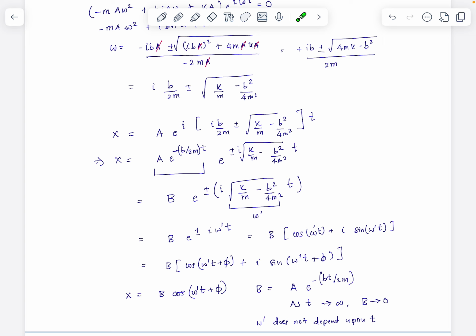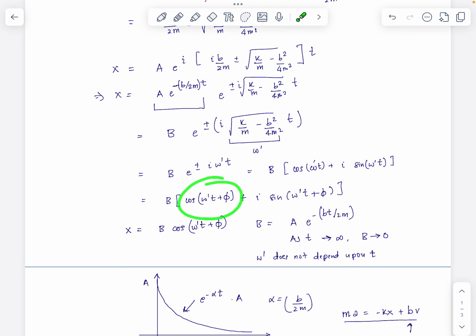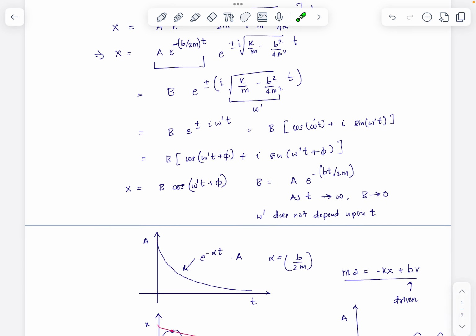Just to understand what the damping does to the system, we'll look at the real part, and this has an amplitude of b, and b is nothing but some constant a times e to the power minus little b times t over 2m, where little b is another constant. So as t goes to infinity, we find that e to the power minus something times t goes to 0.